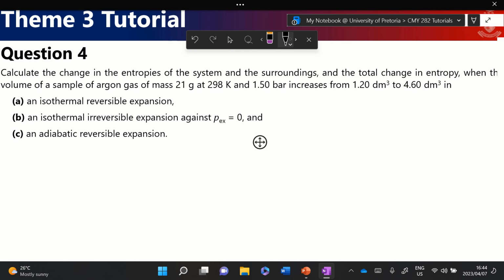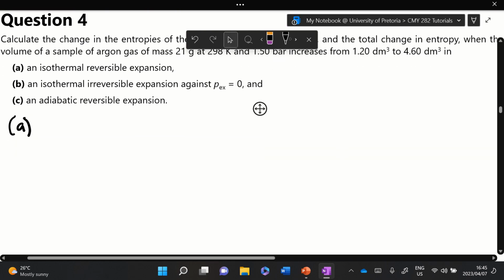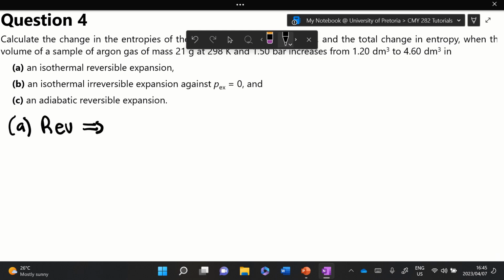So, for A, we're given an isothermal reversible expansion. The moment you read the word reversible, you should associate it with the fact that reversible implies that the total entropy change will be 0. In other words, the universe's entropy change needs to be 0 for the process to be reversible.